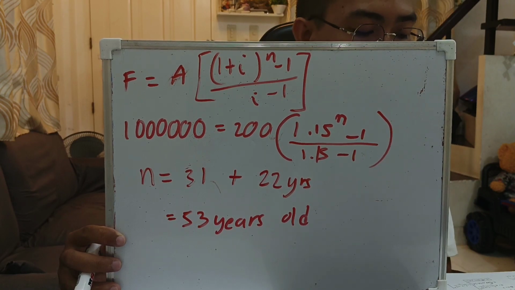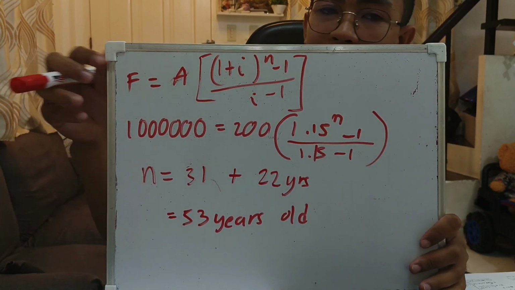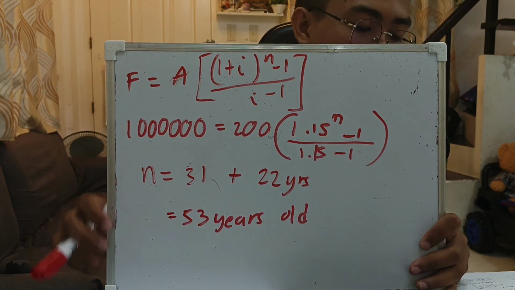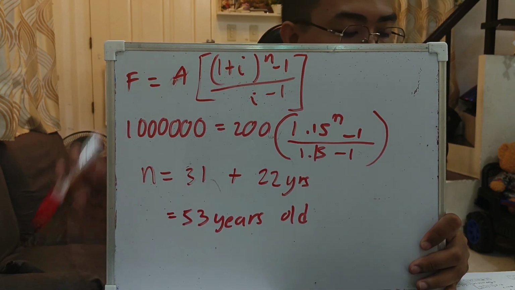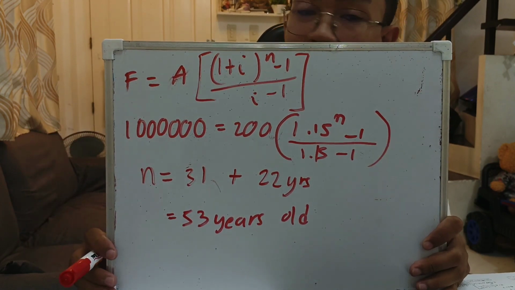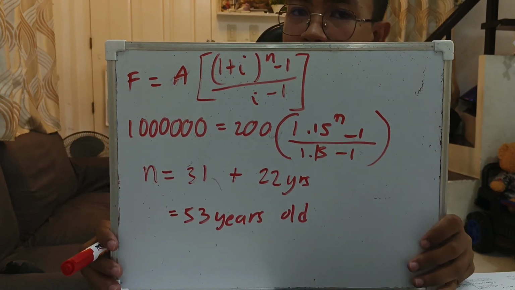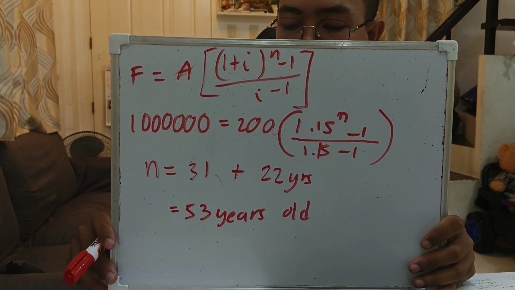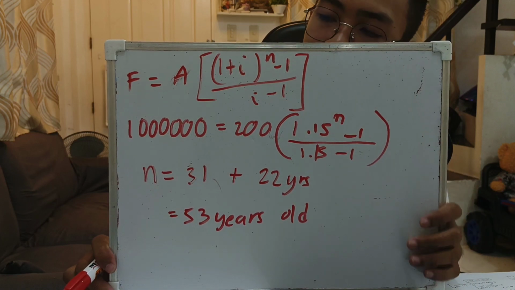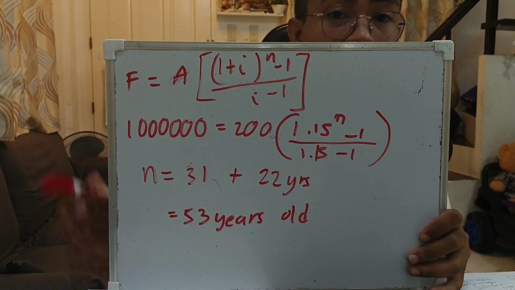So 1 million is equal to 2,000 times (1.15^n - 1) over (1.15 - 1). Again, use shift solve if you can, because it is easier, very convenient, and less time consuming. And so our n here would be 31.